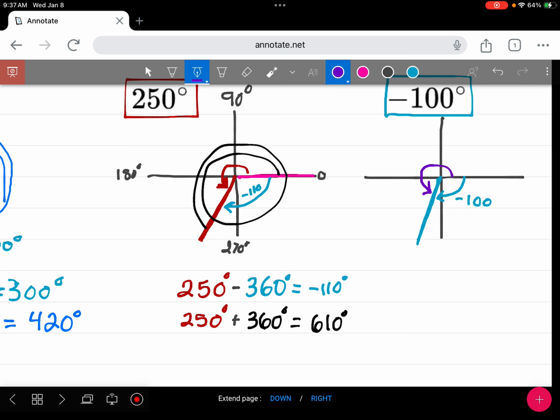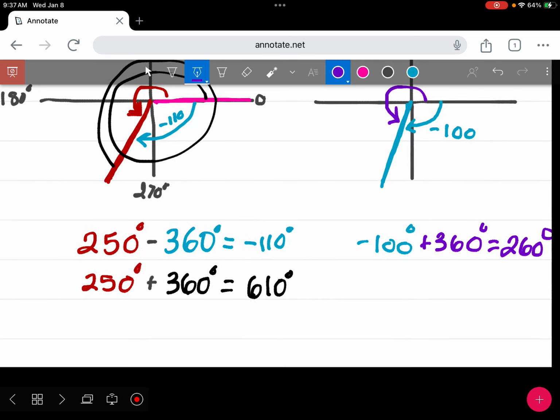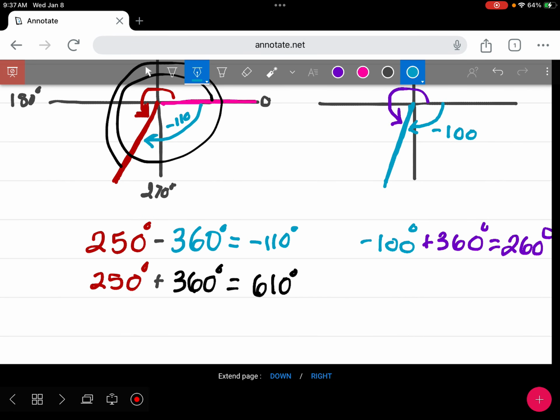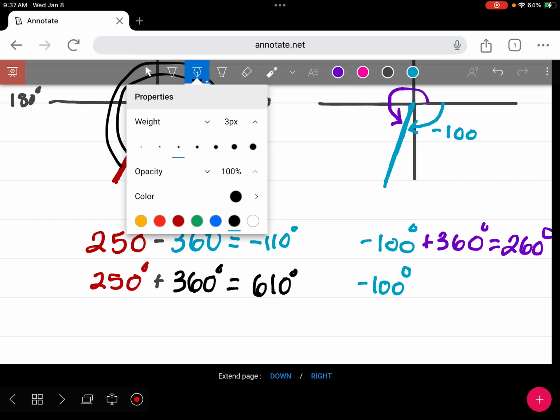So what is a positive angle that will be coterminal? We're going to take our negative 100 plus 360 to get another positive value, and that's going to be 260 degrees. To find another negative coterminal angle, we're going to take our negative 100 degrees, and we're going to go all the way around the circle.